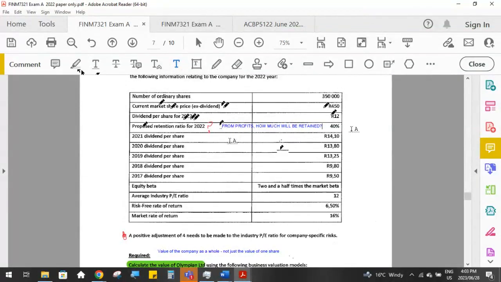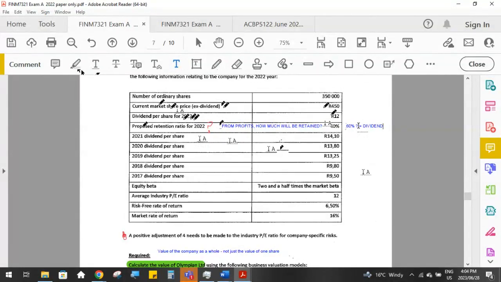So they're saying 40% of the total earnings of the company will be retained. So what does that mean for the other 60%? If 40% is going to be retained, then 60% is going to be paid out as the dividend.